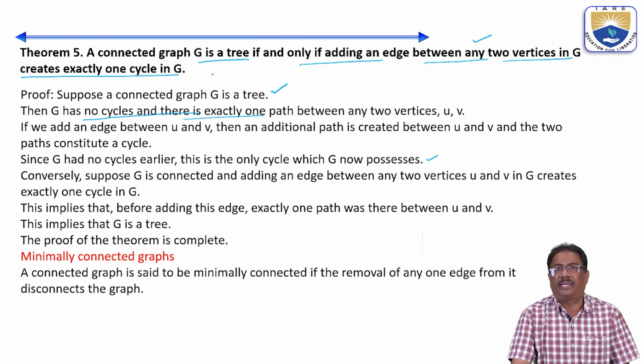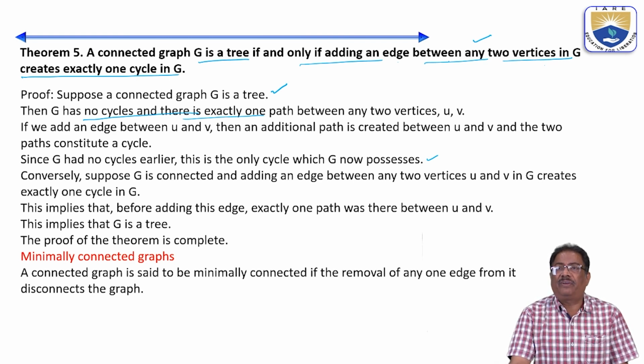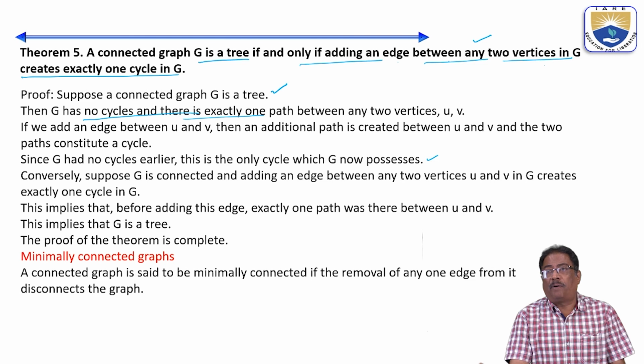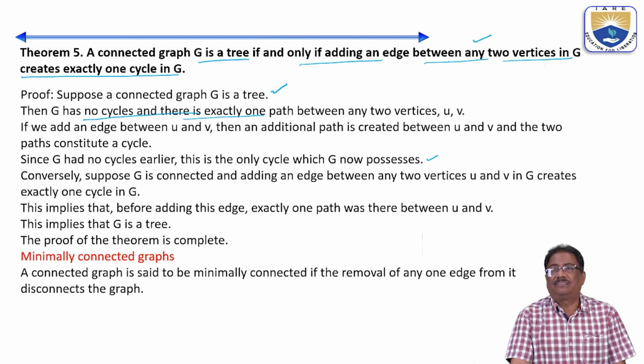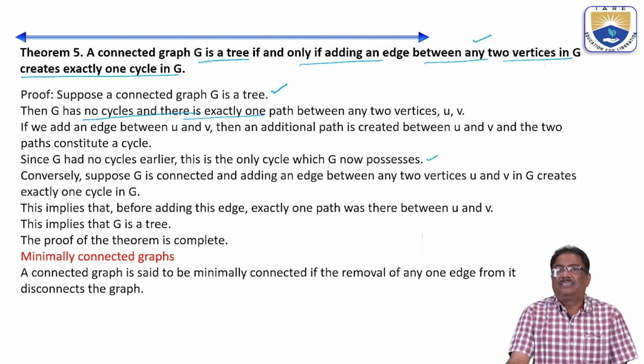This is obvious. What we are taking is that the graph is a tree. Whenever the graph is a tree, it does not have any cycle. By using the first theorem, it has one path between any two vertices, let us say U and V. If I create one more path between U and V, that leads to an additional path between U and V. So the existing path and the additional path will constitute a cycle. Since G had no cycle earlier, now G possesses a cycle.